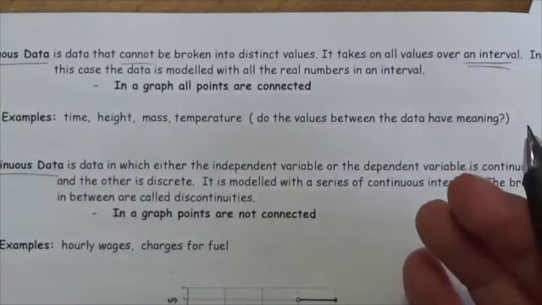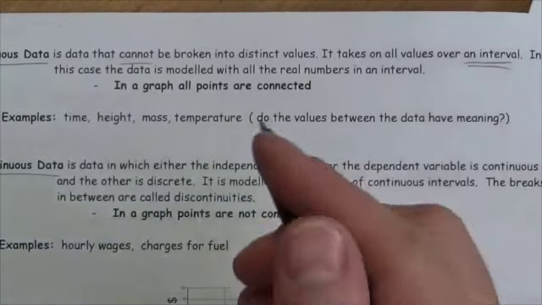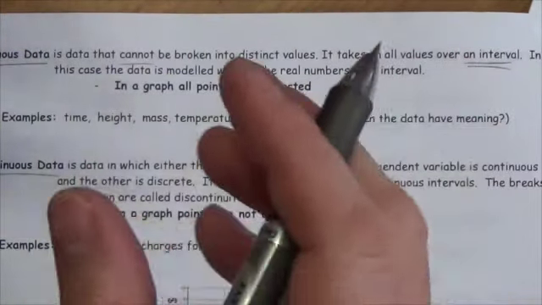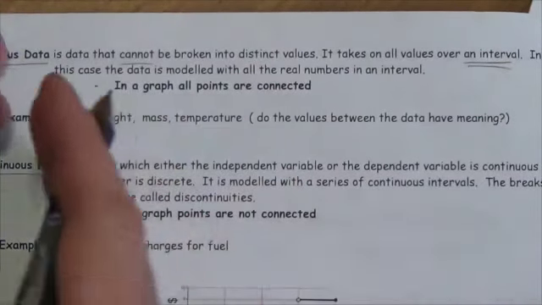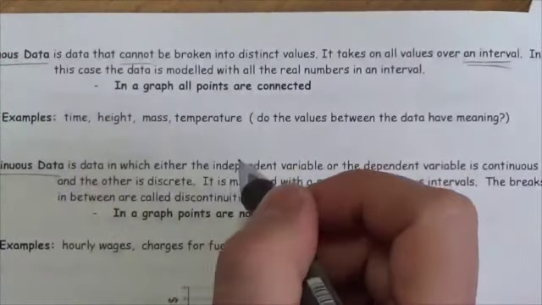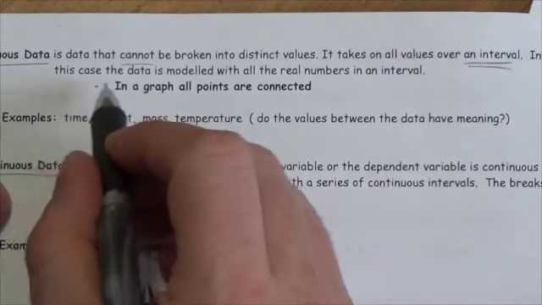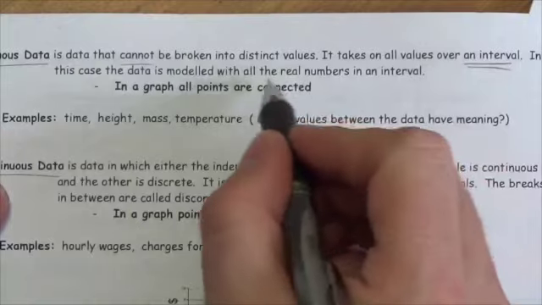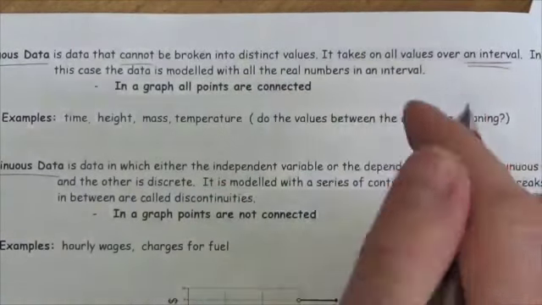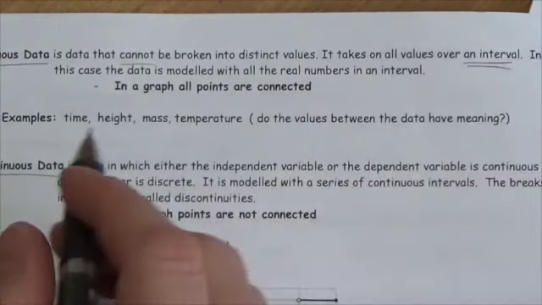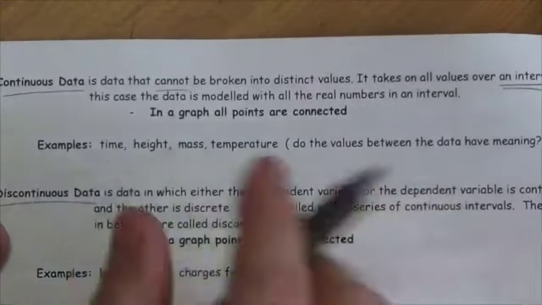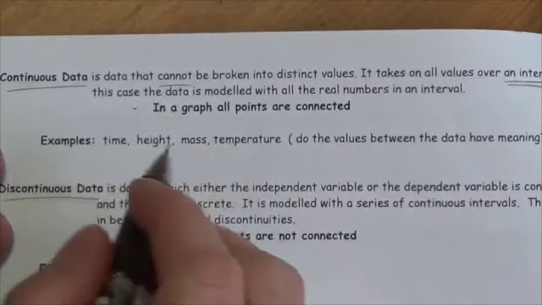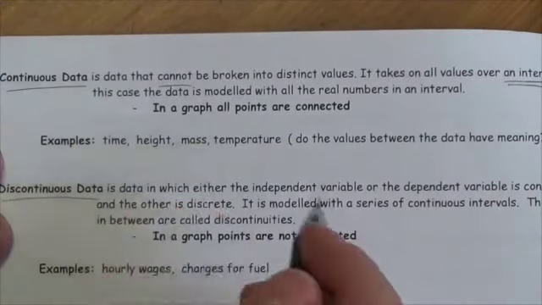You can have fractional values. That's not a problem at all, and it takes on all values. It's not just that it can be fractional values, but it's all values in this kind of connected set here. Okay, so in this case, the data is modeled with all the real numbers in an interval. And good examples of continuous data values here would be time, height, mass, and so on and so forth.